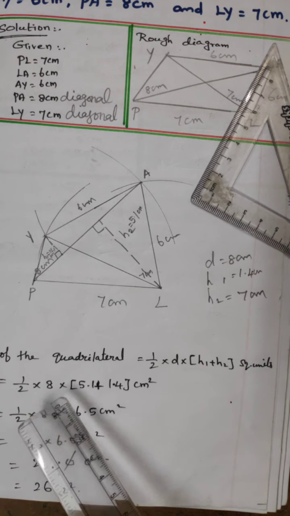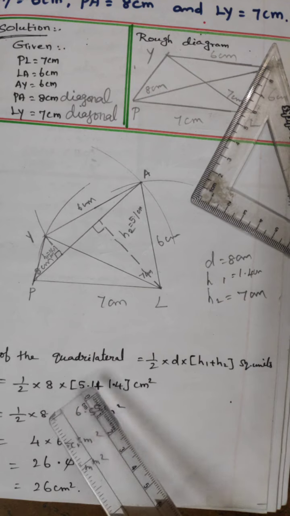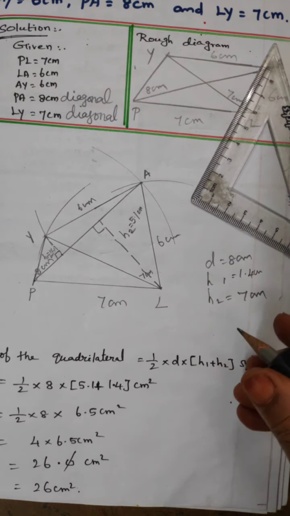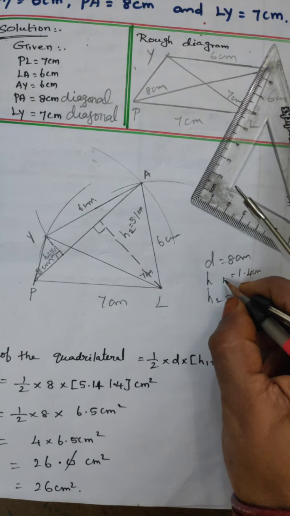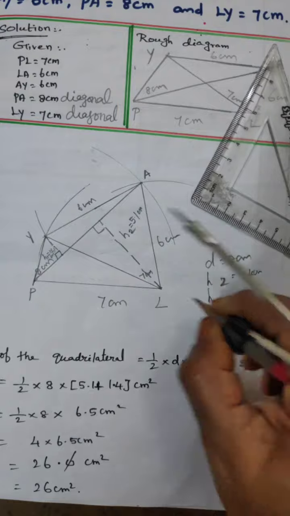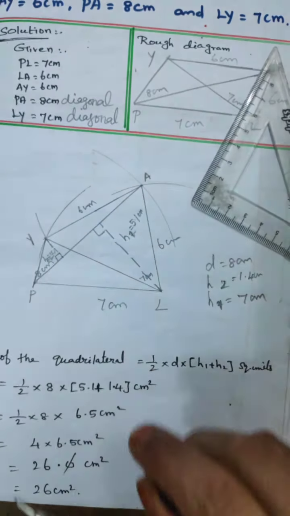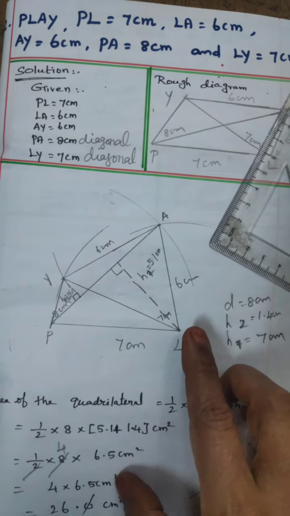1 by 2 into D value equal to 8. H1 value, I am writing here 1.4. I can change and write 5.1 also, that is correct. Why? Because it is addition only. Now this is the H1 value, H2 value. No problem. This is H2, this one H1. Wherever you write it, that one is correct only. Okay, 5.1 in H1, H2 change and write.